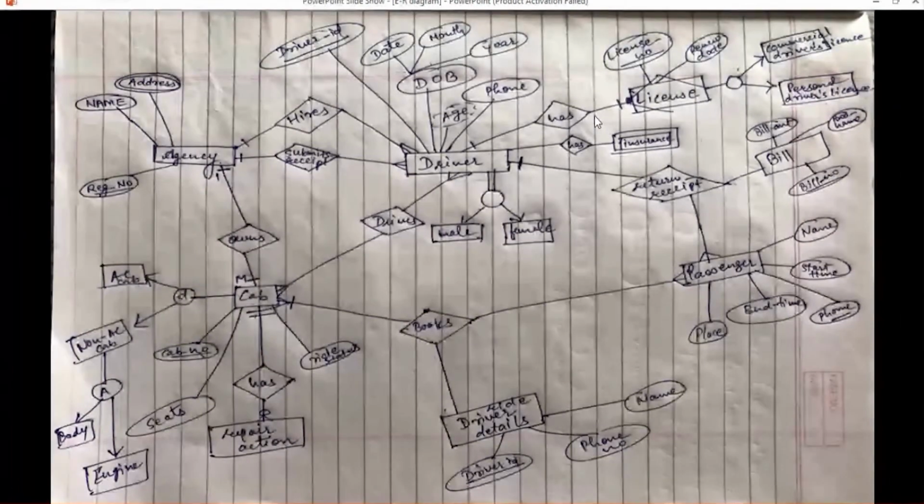The main idea behind this is that you have to represent your ER diagram accurately and in detail, so that it will be helpful for the designer to design the system and the databases which we are going to create on the basis of this ER diagram.